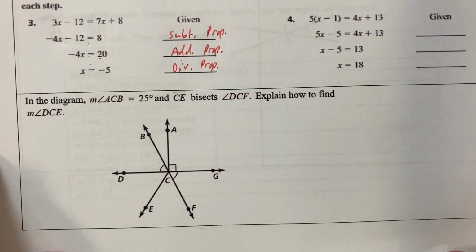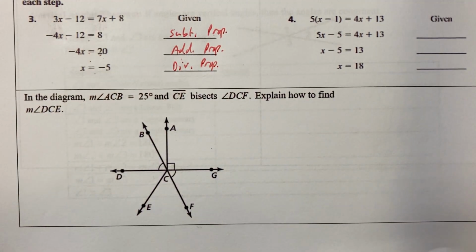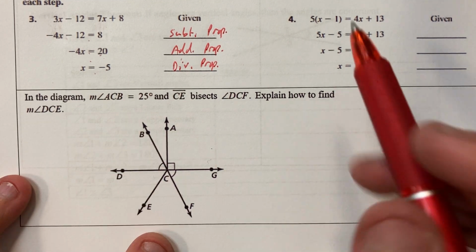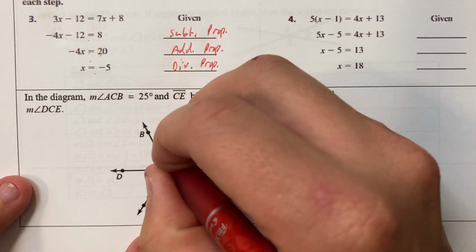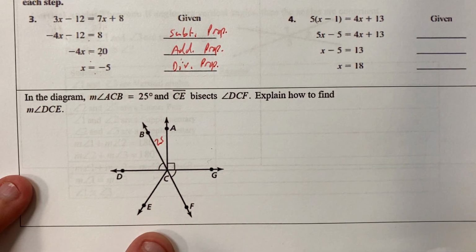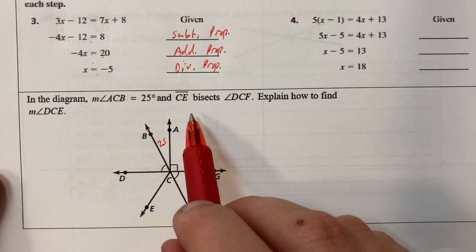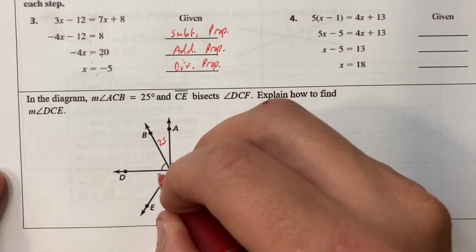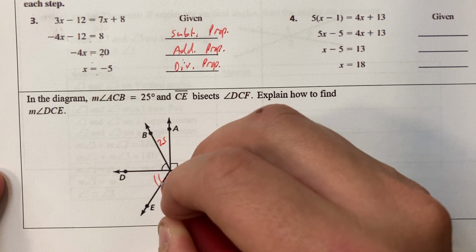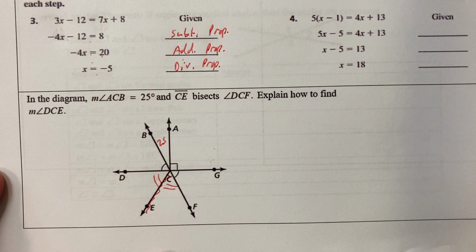Okay, next. Just more general thinking here. In the diagram, the measure of angle ACB is 25 degrees there. I'll label that. And CE bisects angle DCF, I'm going to label that. That's a bisector, yeah, I labeled that.